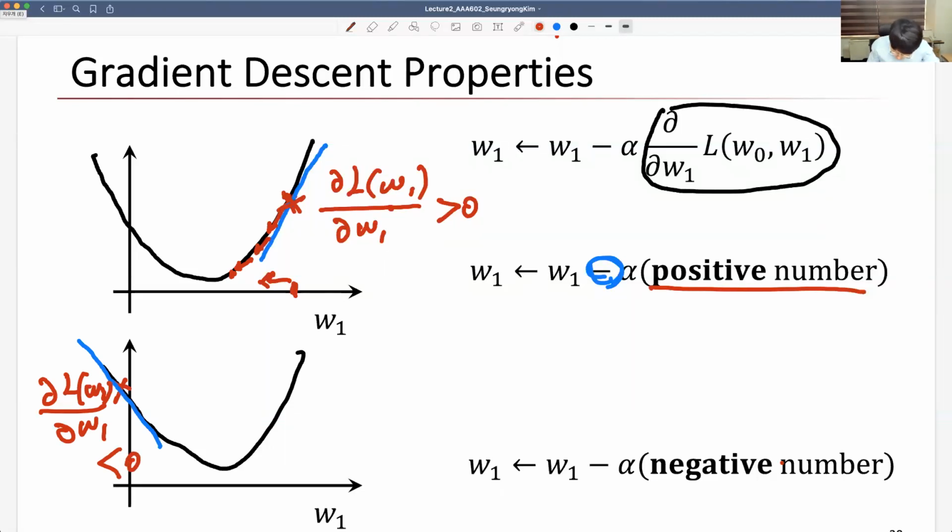So in this case, the current parameter point moves to the right-hand side, something like this one. So we can follow the path, something like this, until our gradient descent method comes to an end at the minimum, right? So this is the property depending on the sign of the gradient.